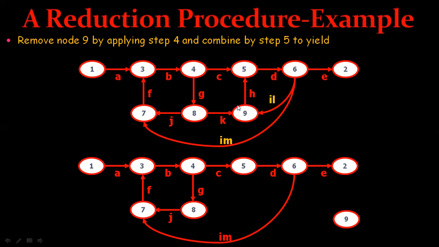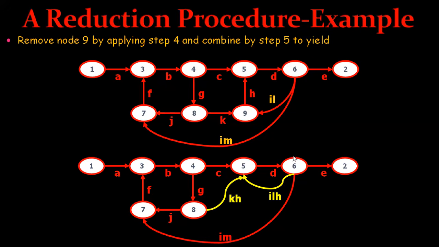And in this case, it is KH. So 6 to 9, 9 to 5: since I removed 9, I am directly going ILH. And the other one is 8 to 5, not 5 to 8, 8 to 5. So K first, H next, KH.